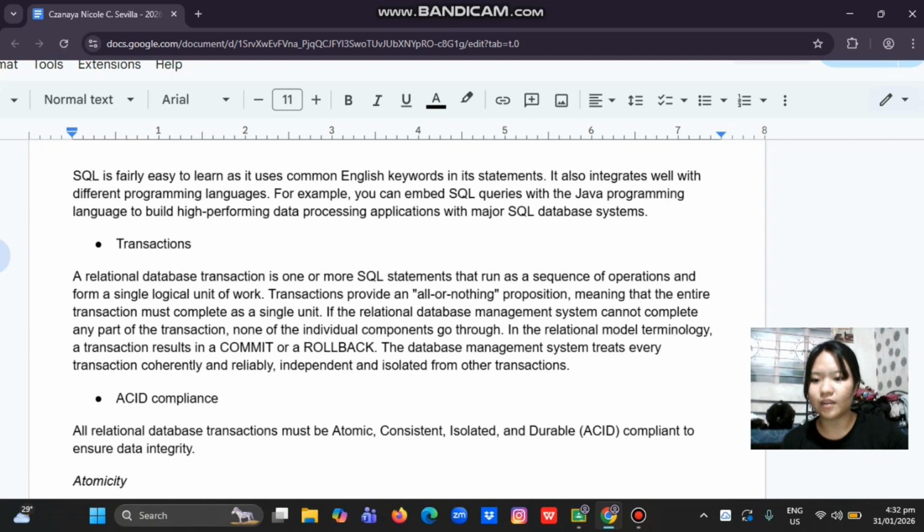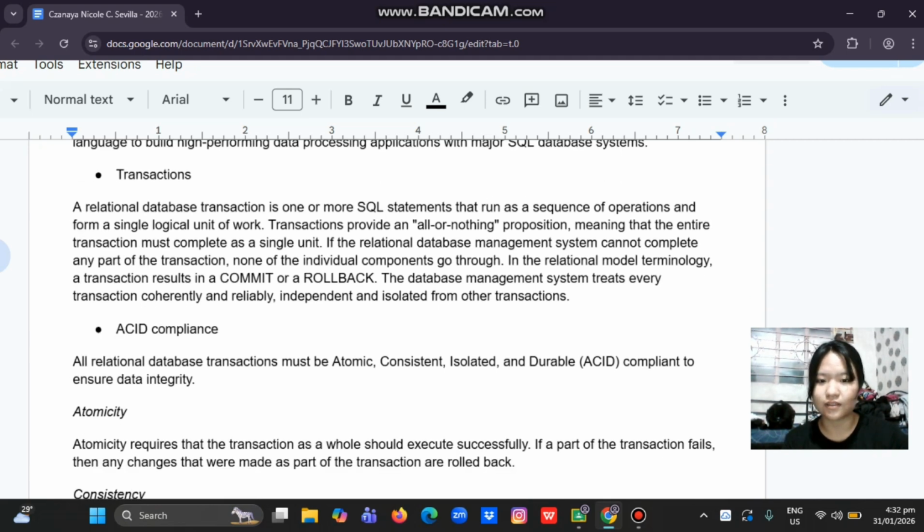Third, transaction. A relational database transaction is one or more SQL statements that run as a sequence of operations and form a single logical unit of work. Transactions provide an all or nothing proposition, meaning that the entire transaction must complete as a single unit.